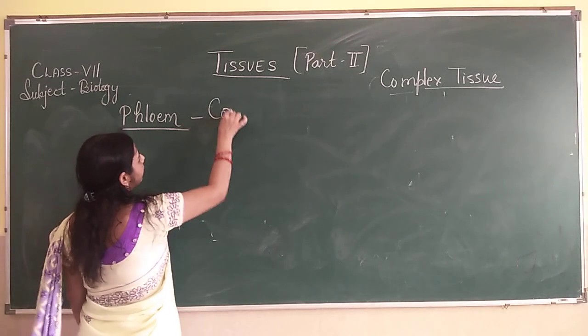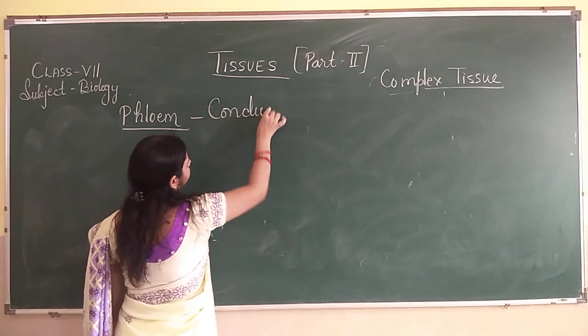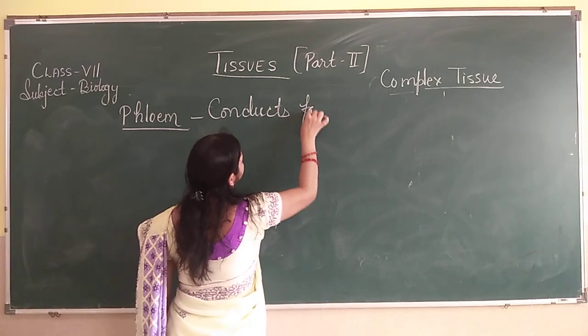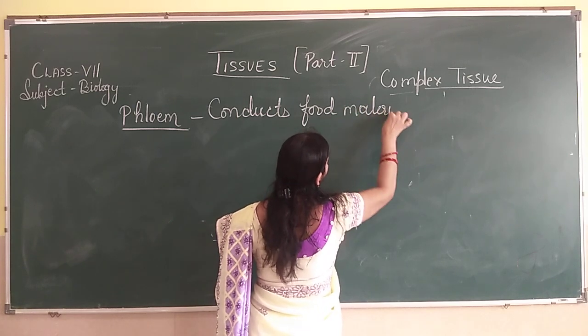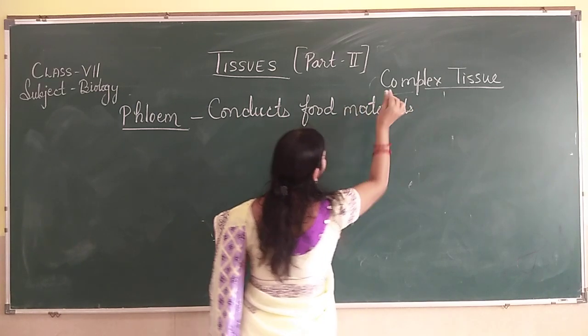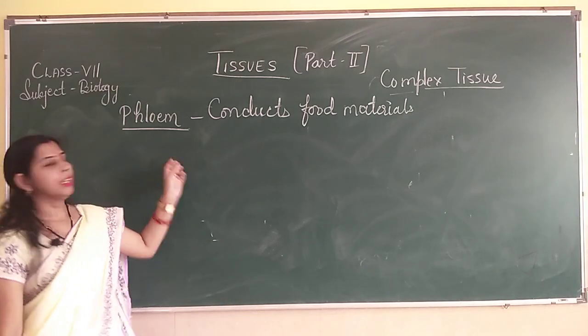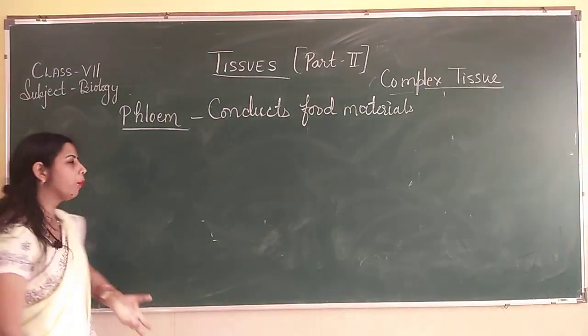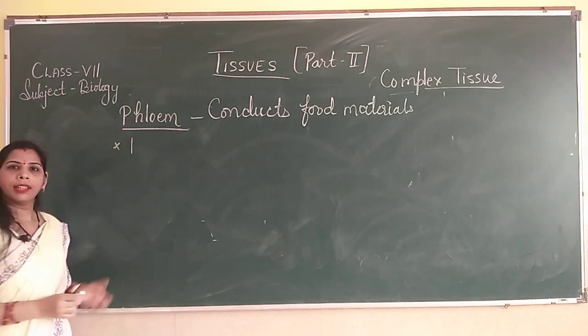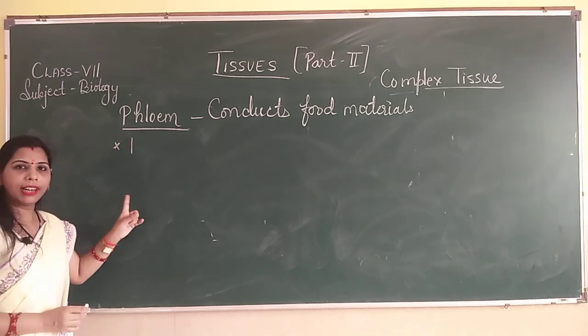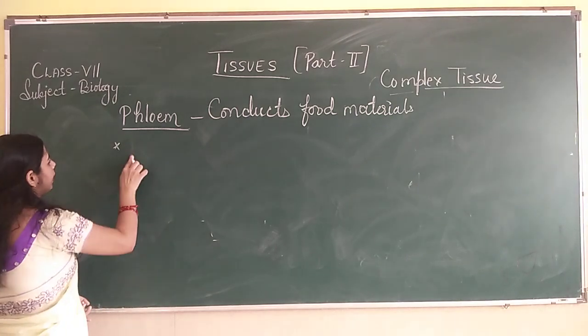It conducts food materials. Now, the cells which make the phloem: xylem is made up of dead cells, but phloem is made up of mostly living cells.